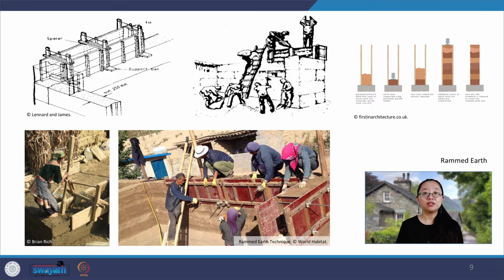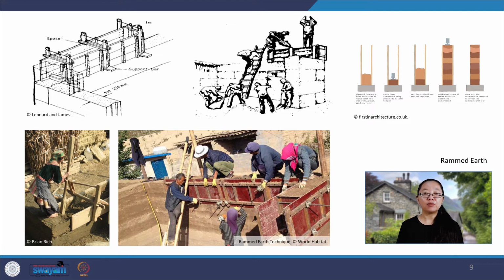The work is done using a wooden formwork in the form of box sides, no top, no base, in which the earth is rammed or tamped until it is compacted. It is done by layers to make it more solid.